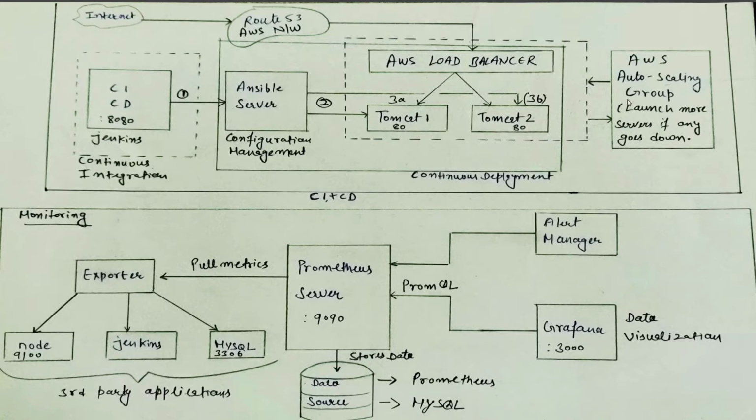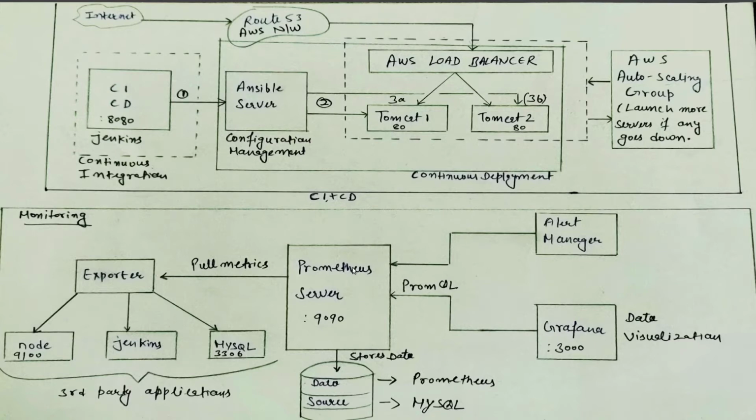These are monitored by this auto scaling group, so it will launch more servers if any goes down. The second part you can see is continuous deployment, the first is continuous integration, and below is continuous monitoring.